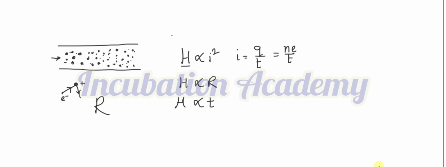Now qualitatively we have understood why H is dependent on I, why H is dependent on R, and why H is dependent on the time of flow.